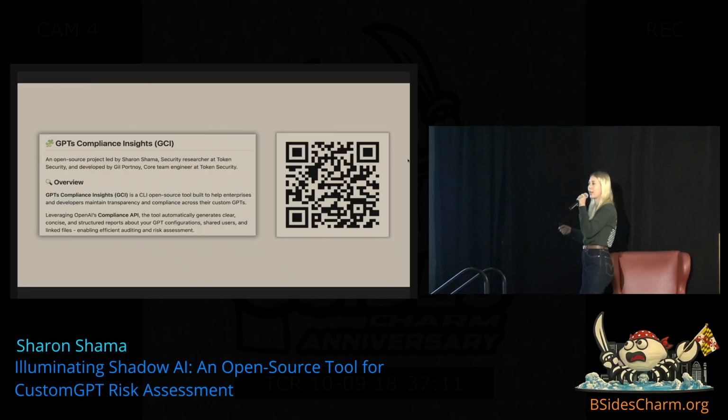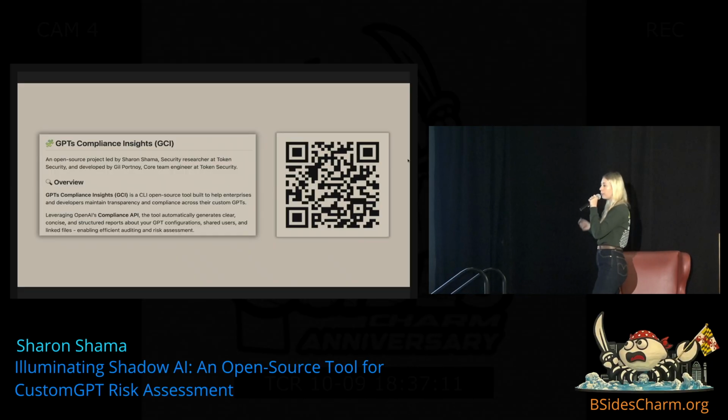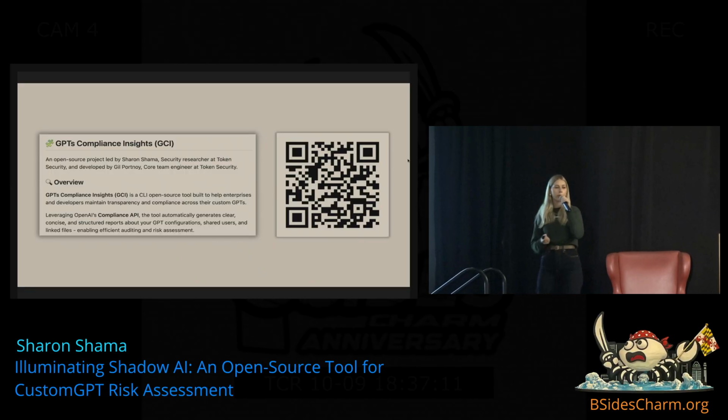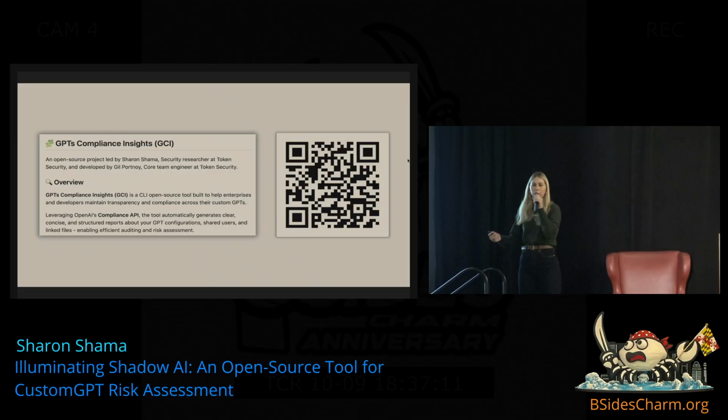The Compliance API can provide me a bunch of data, but it's raw data. And GCI is kind of the engine that helps you make sense of it. It will help you generate security reports about shared users and files and conversations and APIs and so on.